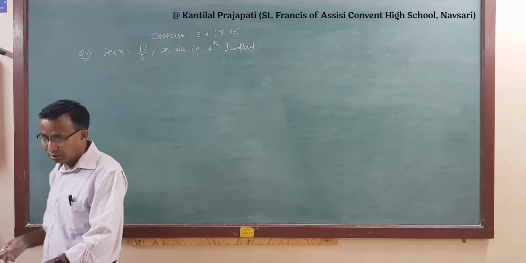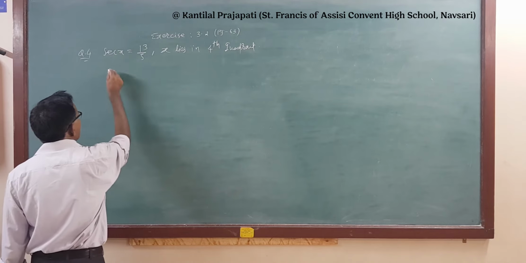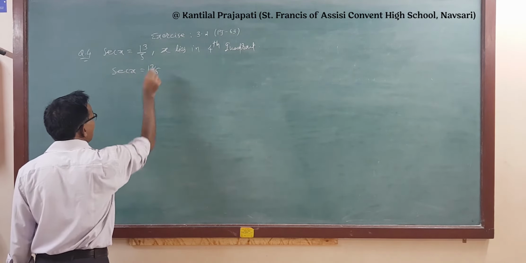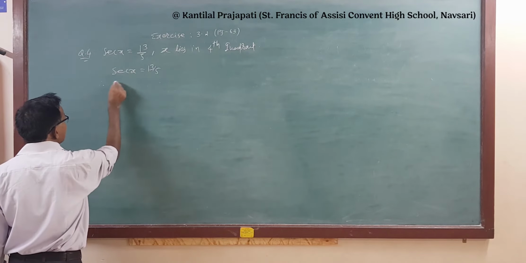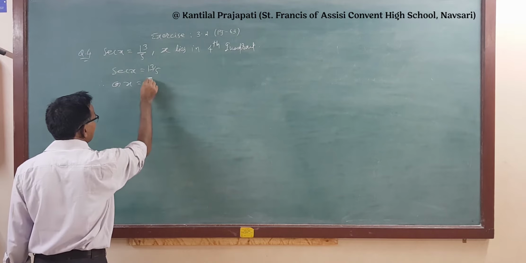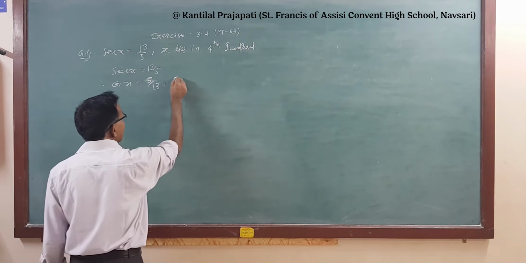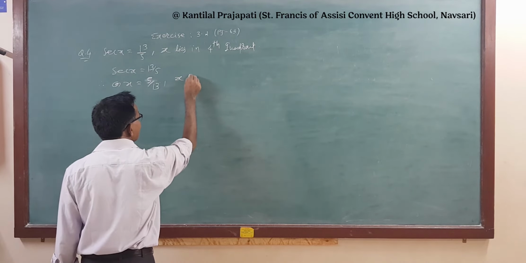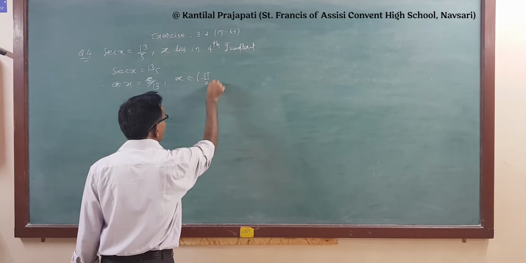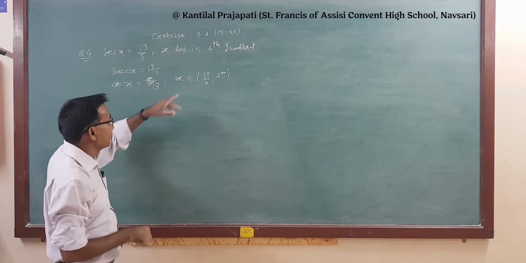Sec x is given as 13 by 5, and therefore its reciprocal, cos x, is 5 by 13. And here it is given that x lies in the fourth quadrant, that is 3 pi by 2 to 2 pi in interval form.